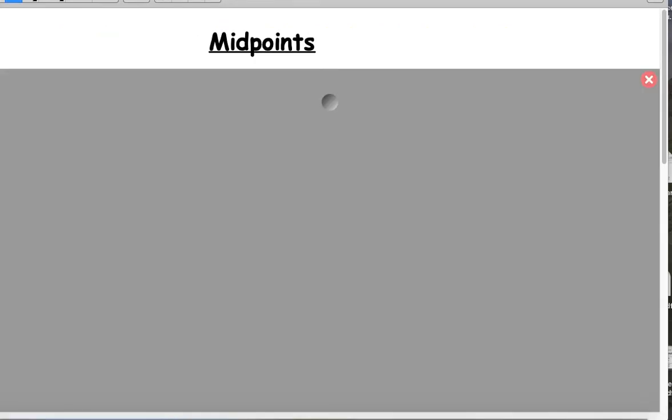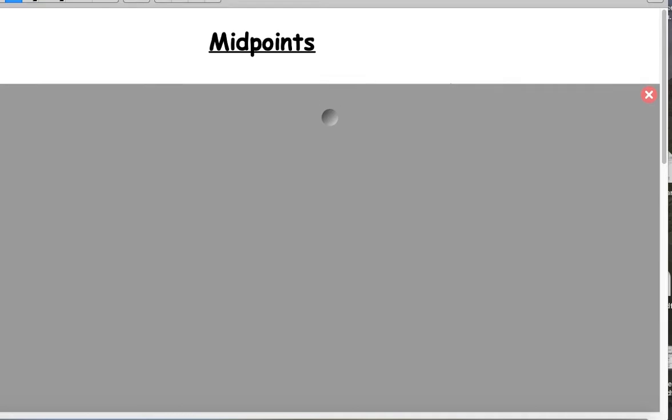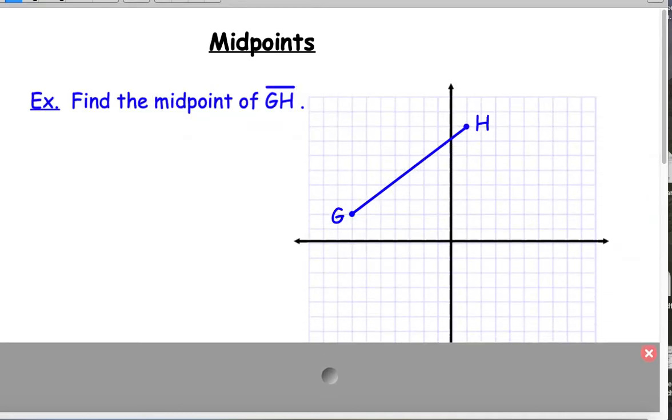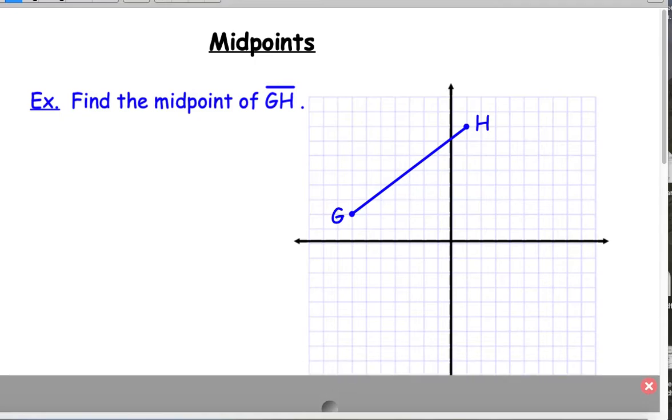All right, now let's take a look at midpoints. So there's 2 ways you can do this as well. If we start with a segment on a graph and we have to find the midpoint, well, all we need to do is count. So if you remember, we just got done making a right triangle to figure out the Pythagorean theorem. Same idea here. So if I count 1, 2, 3, 4, 5, 6, 7, 8 units and then 6 units, if I want to go to the middle of this segment, that means I want to go halfway.